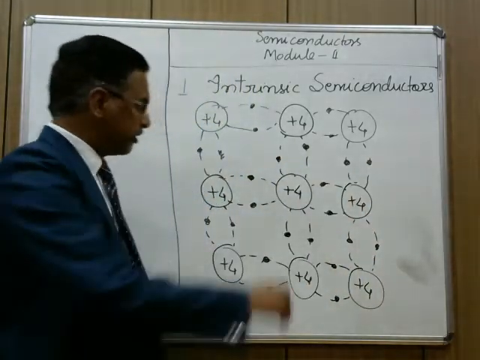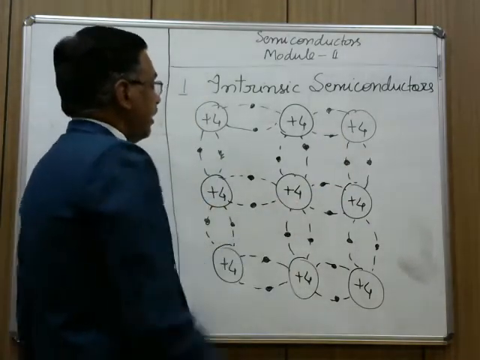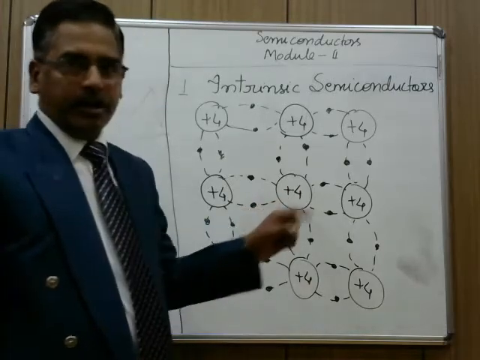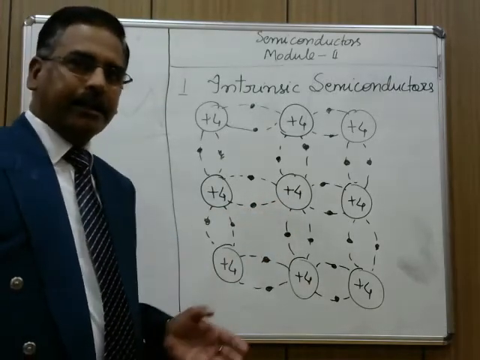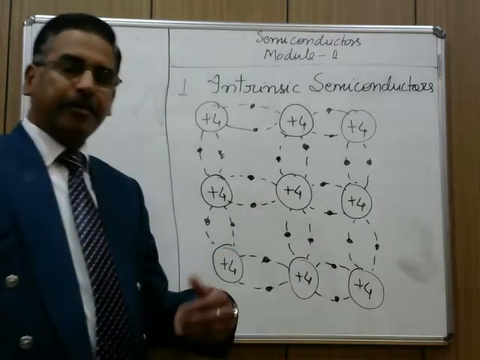Now this process will continue with the neighboring atoms. Thus you can see every atom is capable of completing its octet. Octet means having 8 electrons in the outermost orbit, by sharing its 4 electrons with the neighboring atoms.